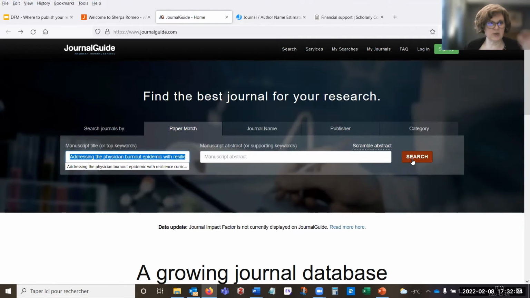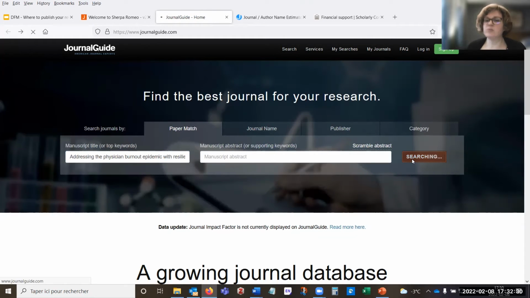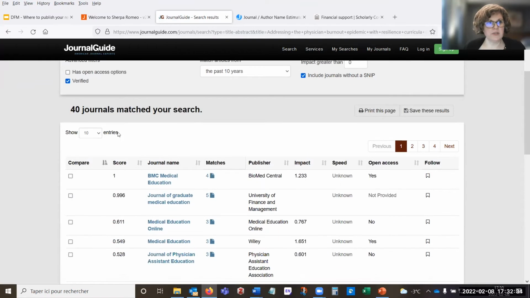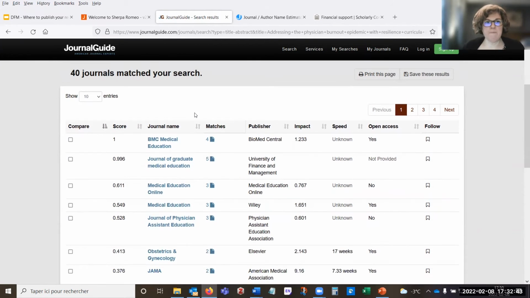So now I'm in Journal Guide, which is another website that helps you find where to publish. Again, I'm just going to take a few minutes to explain what we are seeing here. A bit similar, but a bit different as well compared to Jane. Here they are listing the journals, and it's clickable, so it will bring you to the journal website.